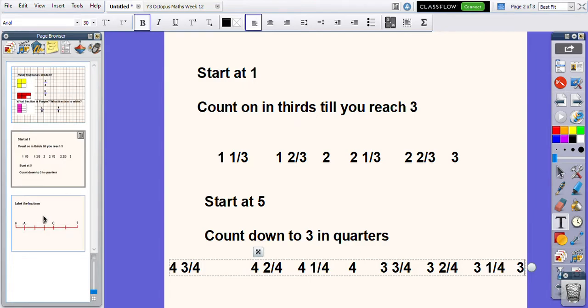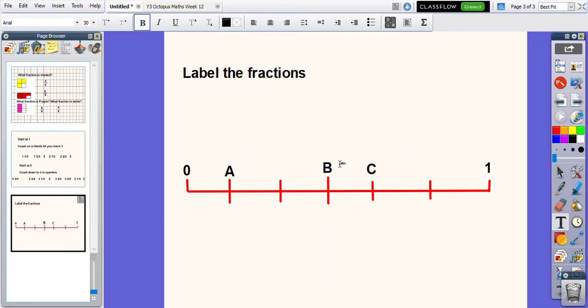Now the last part that we need to look at is labelling the fractions on this number line. Okay, well, we haven't been given any fractions, have we? How are we meant to figure this out? It's impossible. Oh, but wait. What if we do what we did yesterday and we count the jumps to get our denominator?